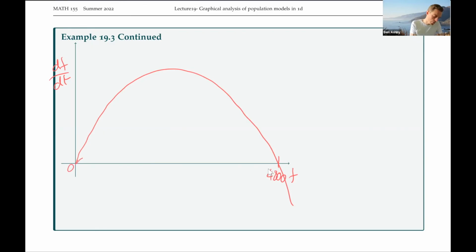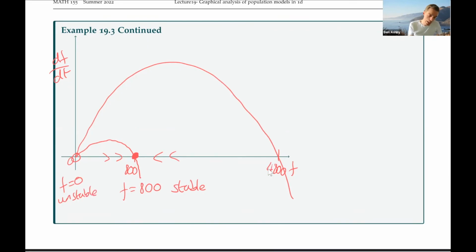Now when we have harvesting in place, our revised carrying capacity has gone down to 800. Okay, so what this means is that we now have a new logistic equation, essentially, when we're harvesting. So our new stable fixed point is going to be when f is equal to 800. It's going to be stable. And f is equal to 0 is going to be unstable.